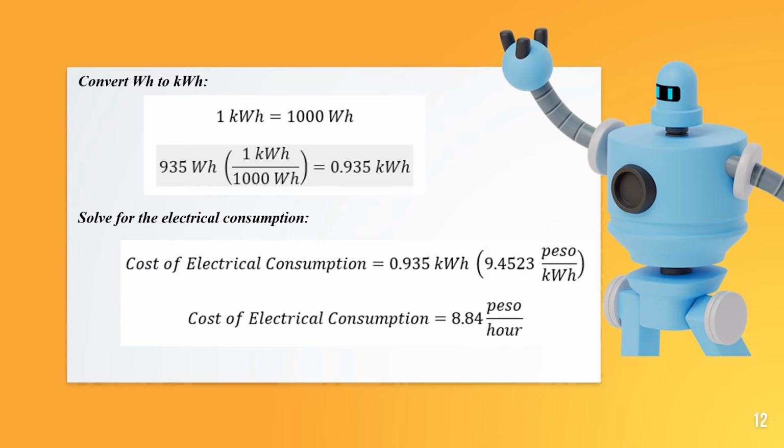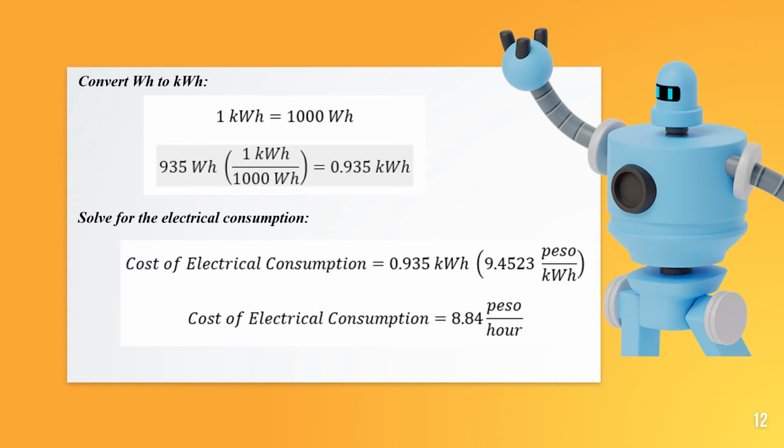The next step, we will now use the value of power in kilowatt hour to solve for the cost of electrical consumption per hour. So the cost of electrical consumption is equal to 0.935 kilowatt hour multiplied by 9.4523 peso per kilowatt hour.